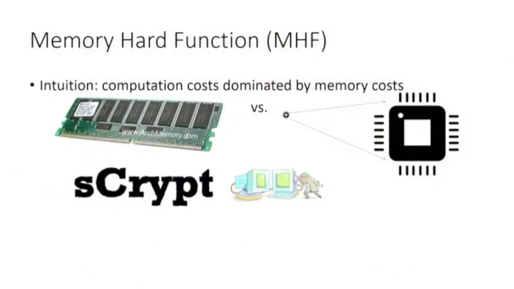Now, SCRYPT does have a downside on the other hand. In particular, SCRYPT accesses memory in a data-dependent fashion. That means that if you input the password 123456 and then just observe the pattern of memory accesses, that pattern is going to be different than the pattern that you would get if your password had been password.